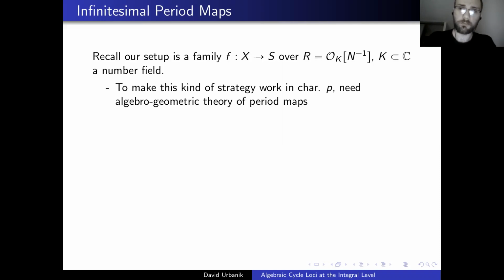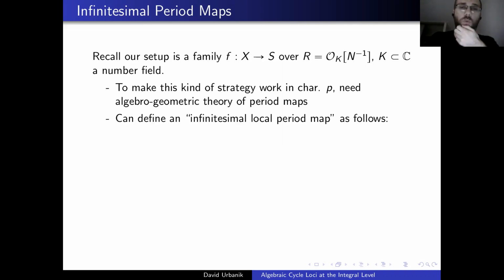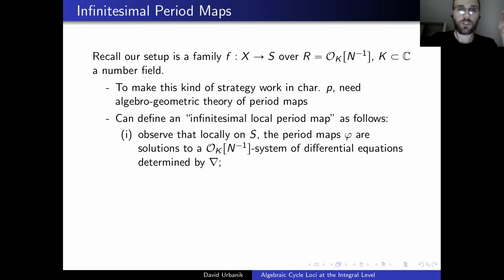What I mean by that is, if you look at the connection, we have this algebraic geometric connection, which makes sense over the integers. It defines a system of differential equations, the solutions of which are period maps.